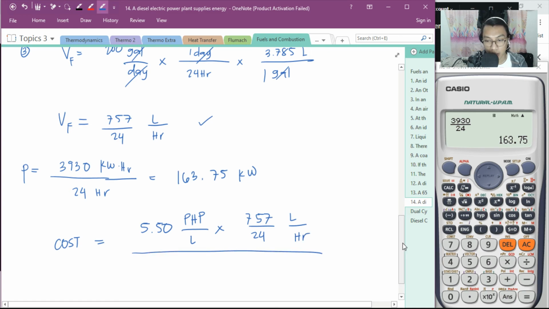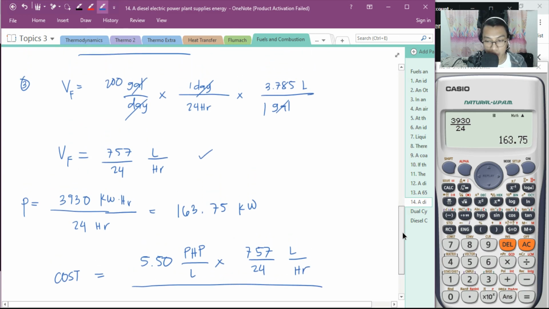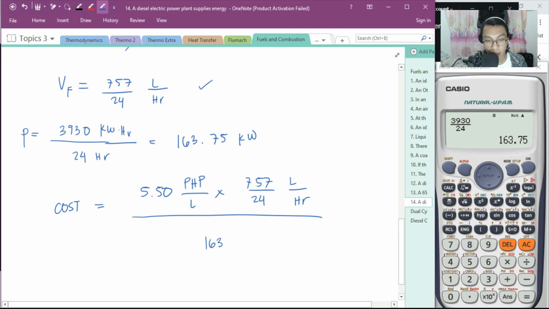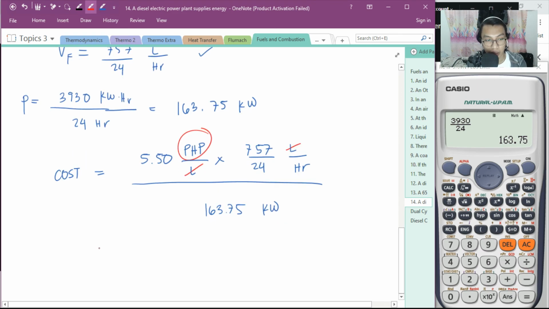Divide mo ng yung total power, which is 163.75 kilowatt. So, ano matitirang unit dyan? Ang matitirang unit is PHP per kilowatt hour. What will be the cost? Cost per kilowatt hour. Ito yung pinaka-technique niya.